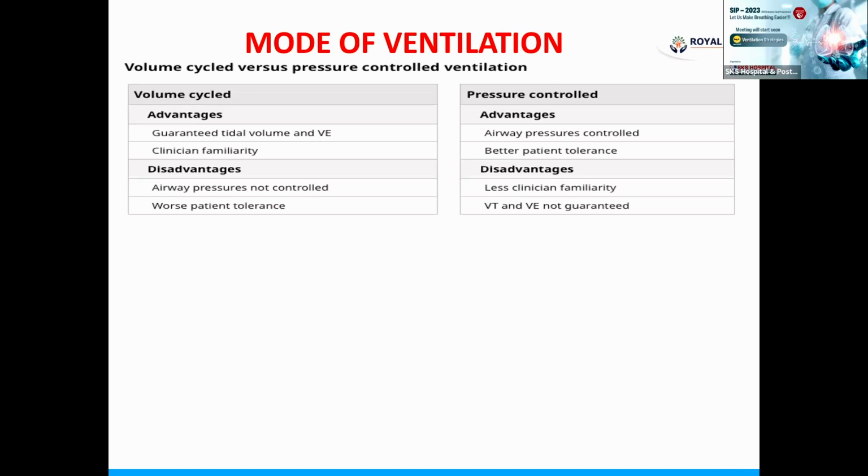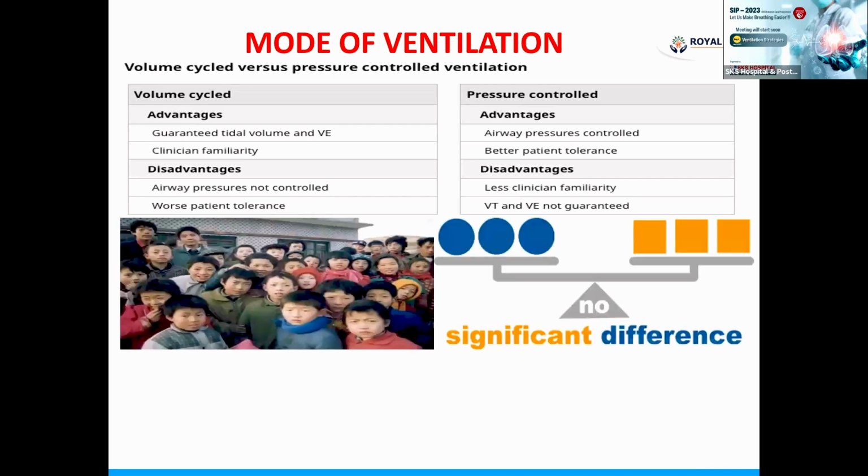So barotrauma can happen. In pressure controlled ventilation, the advantage is pressure can be controlled and barotrauma is avoided, but the disadvantage is tidal volume is not controlled and it can cause volutrauma. So both have advantages and disadvantages, and it is found that there is no difference between these two modes. Whichever you are comfortable and confident in using, you can go ahead with it.